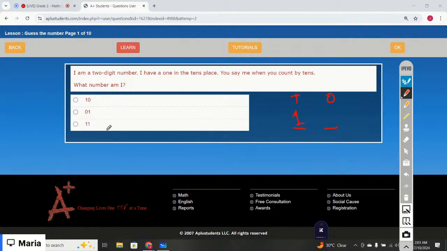You say me when you count by tens. The numbers you are given are 10, 1 and 11. So which number you say when you count by tens? When you count by 10, you say 10. 10 times 1 is 10, 10 times 2 is 20, like this. When you count by 10, you don't say 11, isn't it?